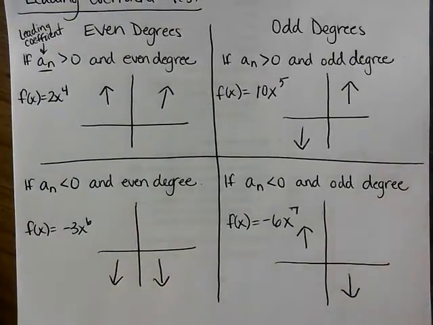Just like you know x cubed, the S curve, right? It points up on the right and down on the left when it's x cubed. If I flip it, right, it's a reflection over the x-axis, and then it flips. So it points up on the left and down on the right. So if you know those two patterns, then you know the patterns for all even and odd degree polynomials. Okay? But this is called the leading coefficient test. It's just a little bit more formal. Okay, so we're going to practice that.